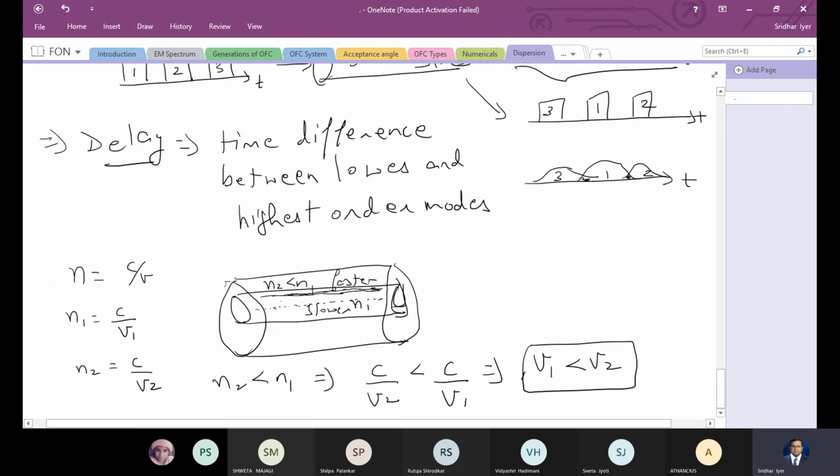So that leads to a time difference of these modes, because of which the delay is going to occur, right? So that is the idea there. We had already discussed this velocity point in module 1. It has come back again in module 2, and it helps us in understanding why this delay occurs in the modes, because of which the intermodal dispersion occurs, right?